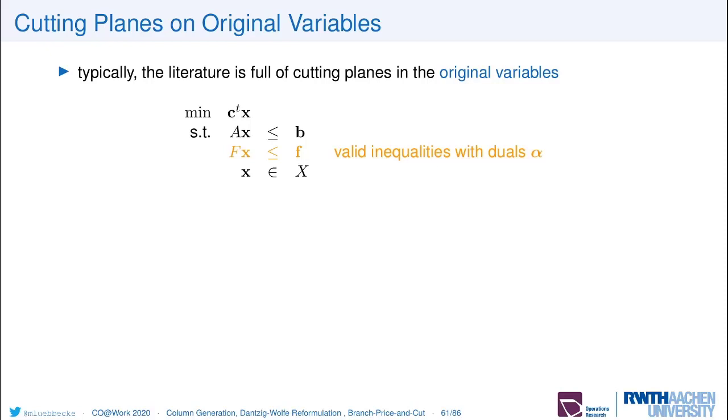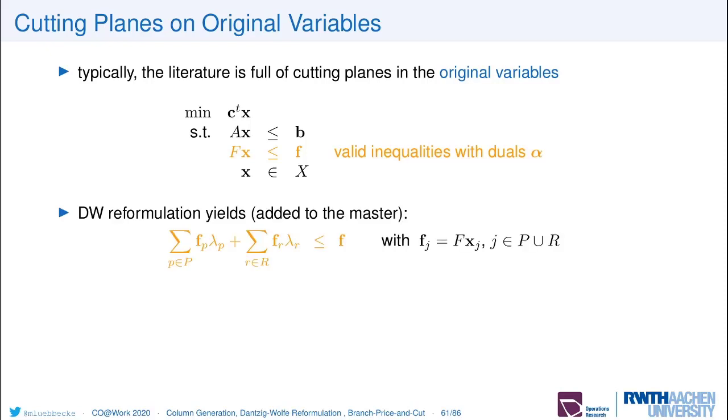The only thing I have to know is that these additional constraints, when I keep them in the master, let's say, they will be Dantzig-Wolfe formulated, and they will give additional dual variables. Okay, so in the master problem, all this looks exactly the same as if they were just model constraints. I mean, after all, they are just feasible constraints.